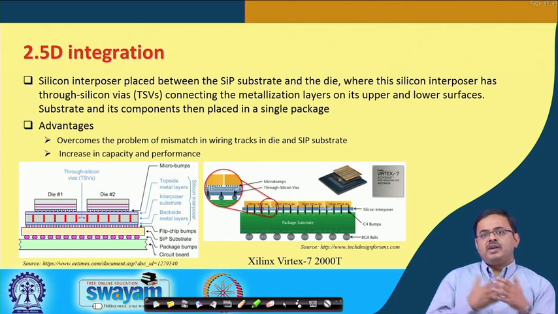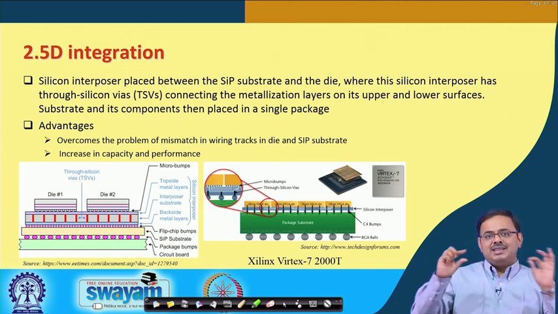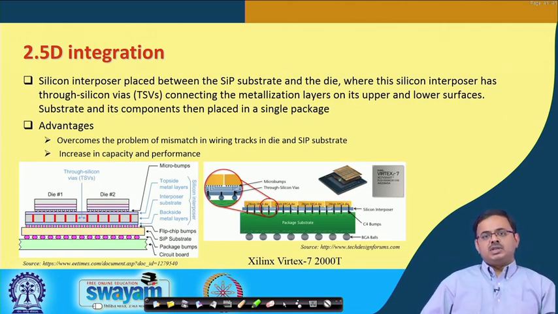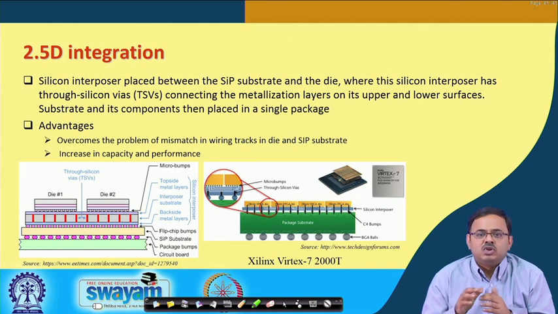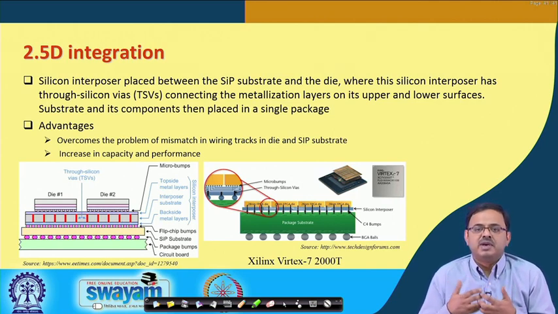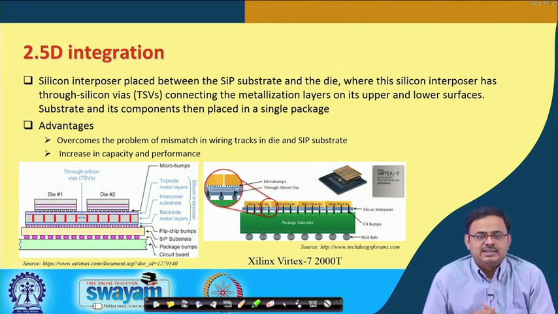So, in order to overcome that, what we have is this interposer layer with through silicon vias. Okay. That helps us neutralize or overcome this mismatch and reduces the signal integrity issues to a large extent.